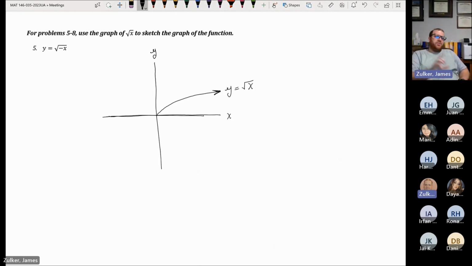First thing, let's just ask, what type of transformation is this?